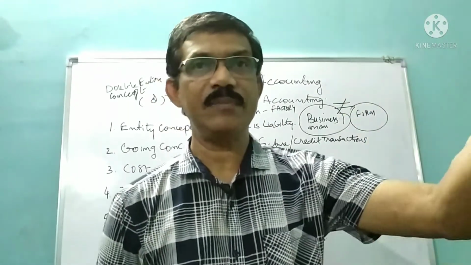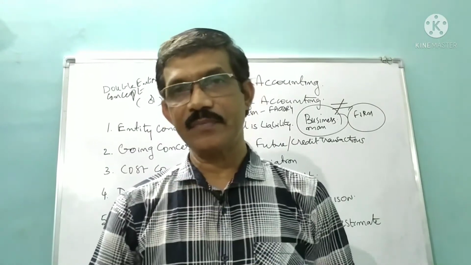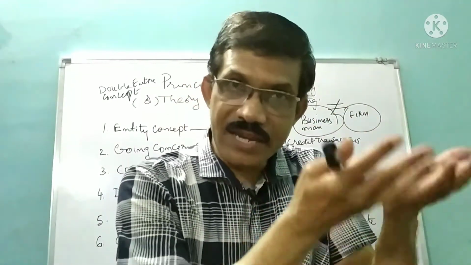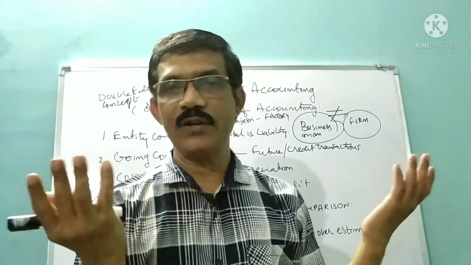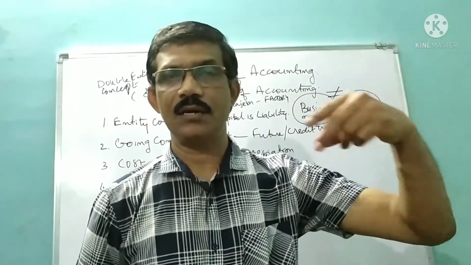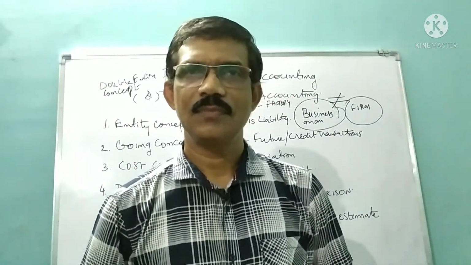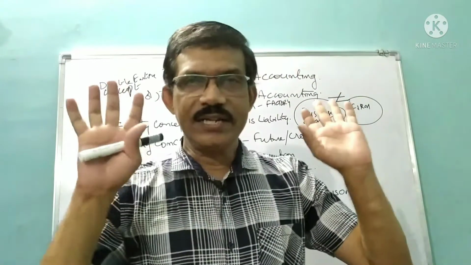Suppose a person becomes insolvent during this one month. How will you get money from him? Suppose a person unfortunately expires. How will you get money from him? A person may become insane. How will you get money from him? So will you get the full 10 lakhs?